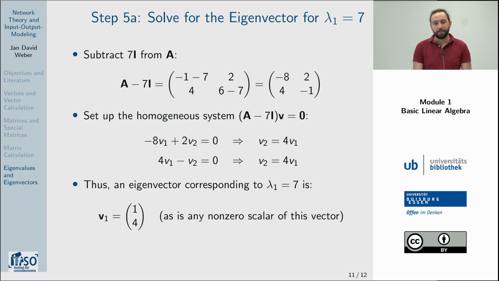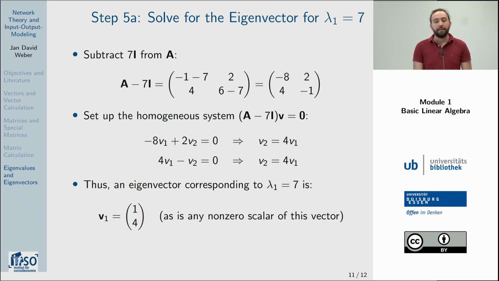But even that is quite simple, because we know that we can take the first row here, -8 multiplied with v1, the first element of the vector we're looking at, plus 2 times the second element of the vector, which is v2, must be 0. This is quite simple to solve because v2 equals 4 v1. And that holds also in the second row. And we therefore know that the eigenvector corresponding to the eigenvalue 7 here is (1, 4).